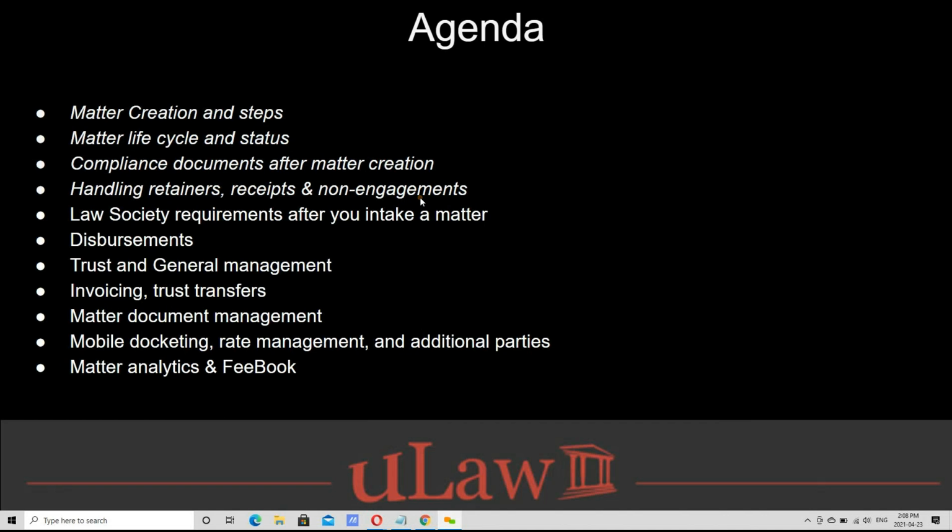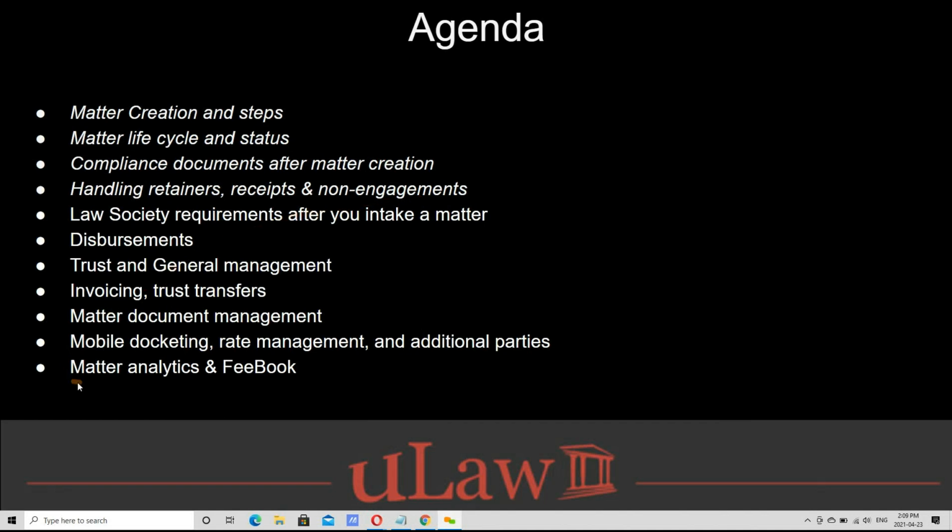You don't have trust money coming in randomly. You have trust money coming in on behalf of a client for a specific matter. So that entry of money coming into your trust account pertains to a specific matter, file number, and it's in that context. And hence, it's very important that the steps that you take and how you manage that transaction within the context of that matter is done in a normal, compliant manner.